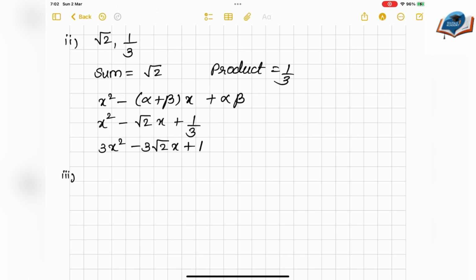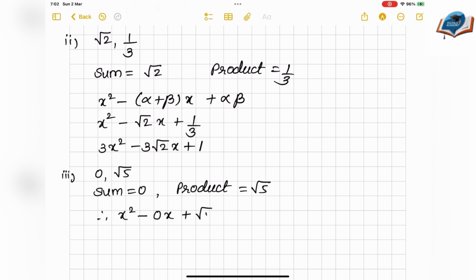Then third one is 0 and root 5. So sum is 0, product is root 5. So therefore equation will be x square minus sum, the 0x plus root 5 product. So that will be equal to x square plus root 5.